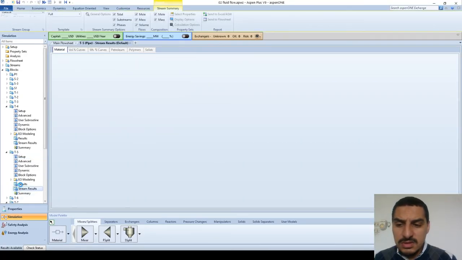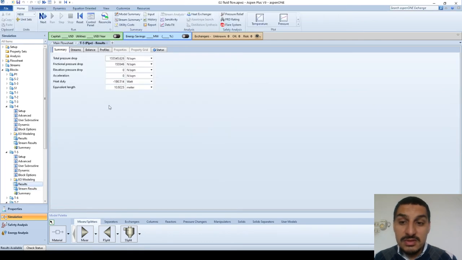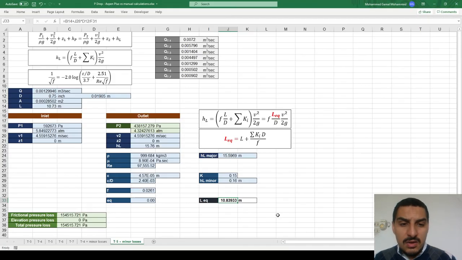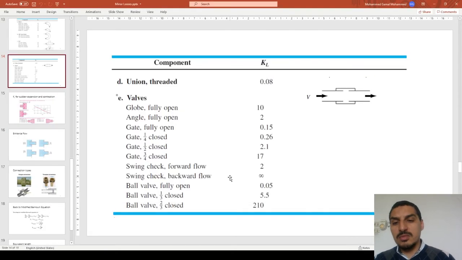So it's not a big difference. Sometimes there are some differences between the values in the tables and the values in Aspen Plus. Again, it's not going to be a big difference, but it may be a source of some errors or differences in the calculations.